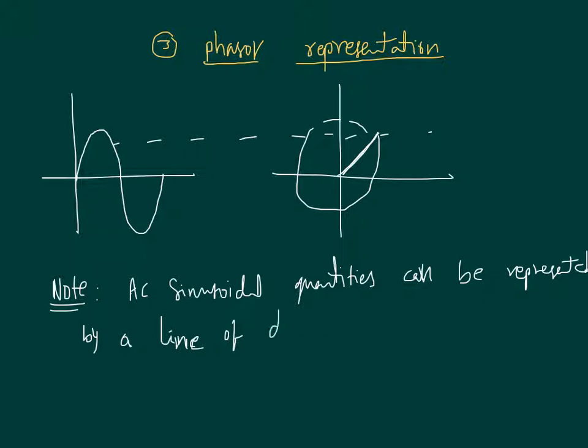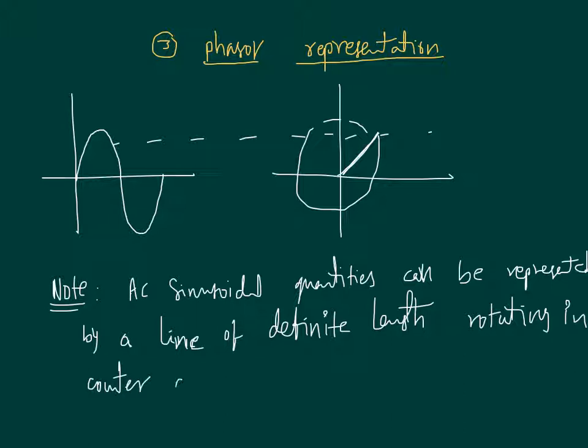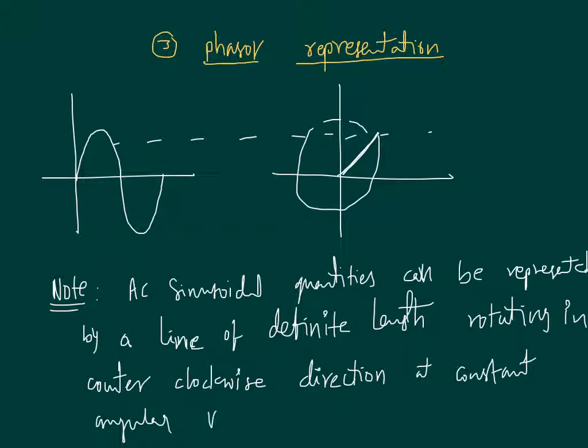A line of definite length which corresponds to the maximum quantity, rotating in counterclockwise direction at constant angular velocity omega.